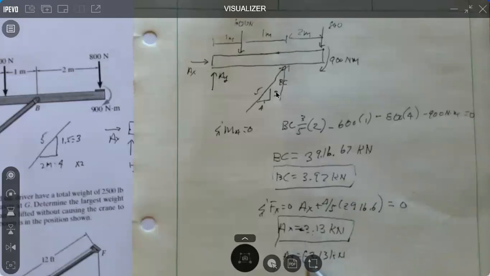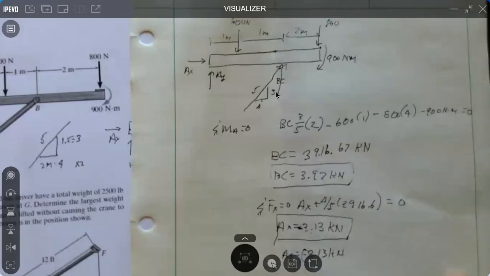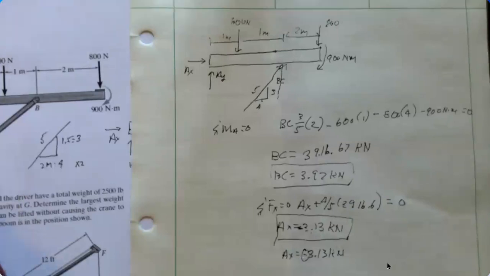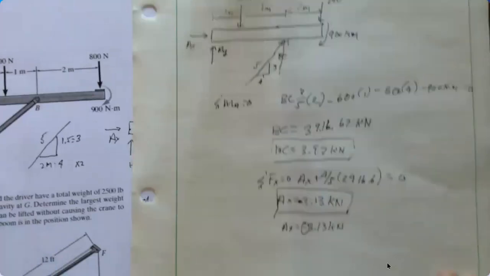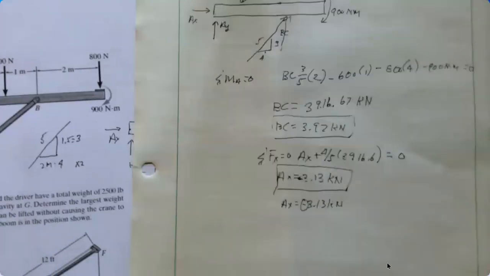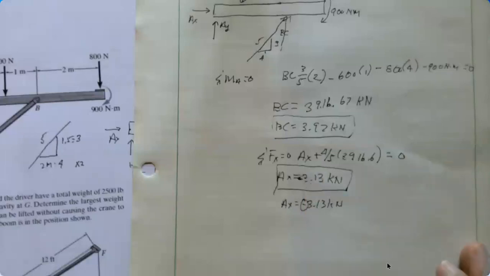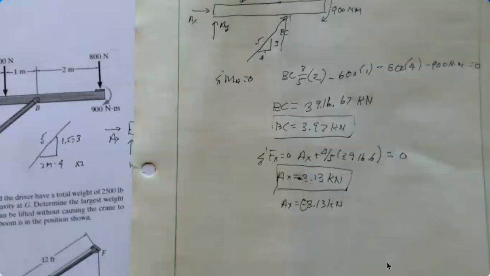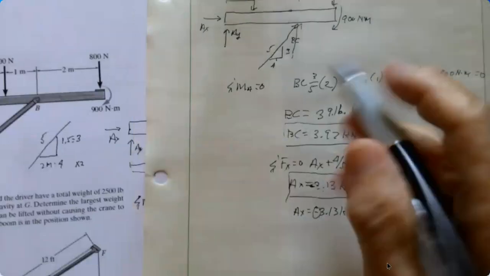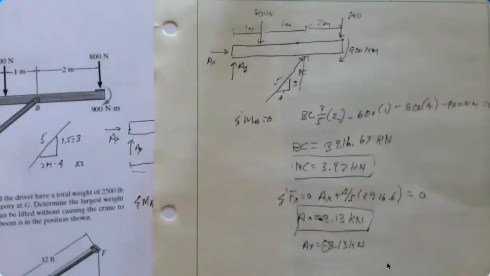The significance of a minus sign is the fact that I chose my direction incorrectly to begin with. So the minus sign in an answer means the original direction that I chose for A sub x, positive, is incorrect.